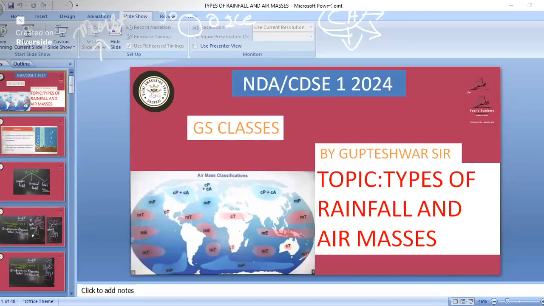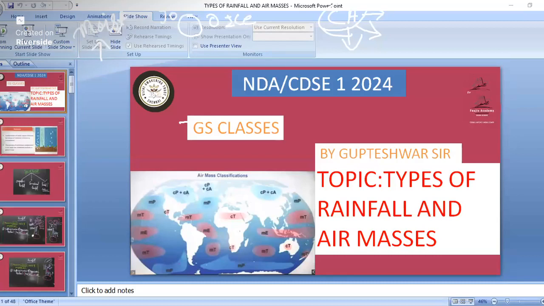Maritime polar air masses are located between 40° and 60° latitude. These regions are cool, moist, and unstable. Continental tropical air masses include the tropical and subtropical deserts. Here the air masses are dry, stable, and do not extend beyond the source.